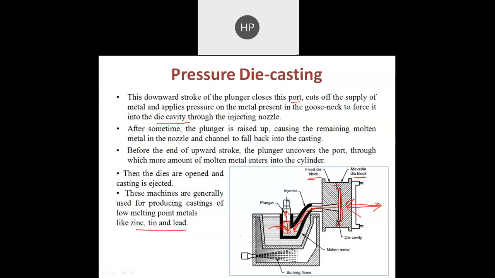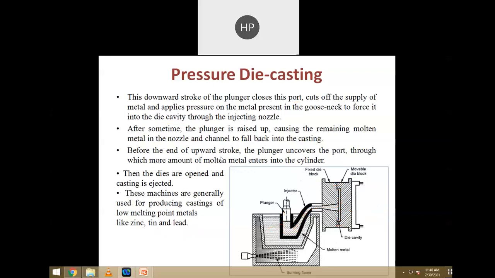That's why we generally use hot chamber die casting for metals with a low melting point, so that it is easy to handle the furnace inside the machine itself.